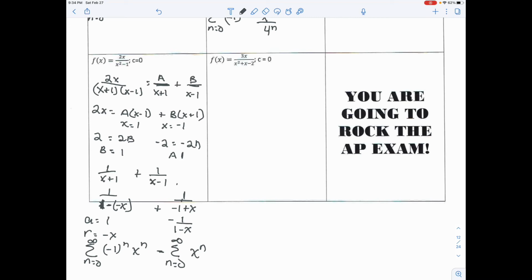Okay, and this last one is similar to this one. We're going to have to do partial fractions again. So we have 3x over x plus 2, x minus 1, and that's going to equal A over x plus 2 plus B over x minus 1.